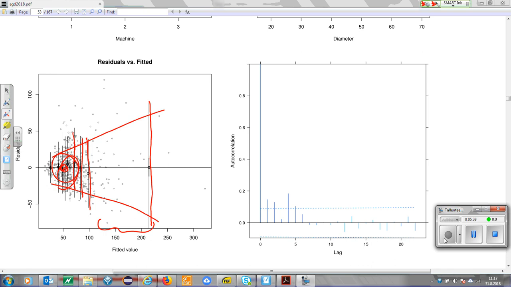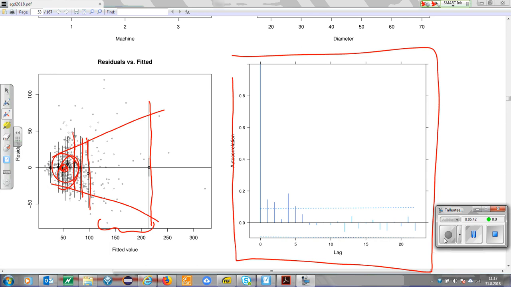That has been explored here using the lagged residual plot. What we see here is that for shorter lags we have some correlation that is above the level of significance.